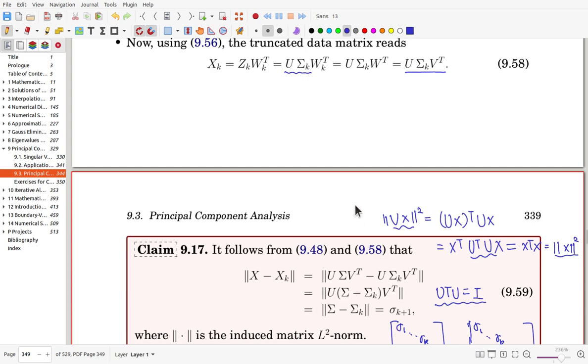Mostly singular values decrease rapidly. The largest singular value, and then the next one goes down very rapidly. So if you choose k and only consider k components, then you can see sigma k plus 1. If it is small, then the difference is very small. So you can see quite easily how much you are ignoring.